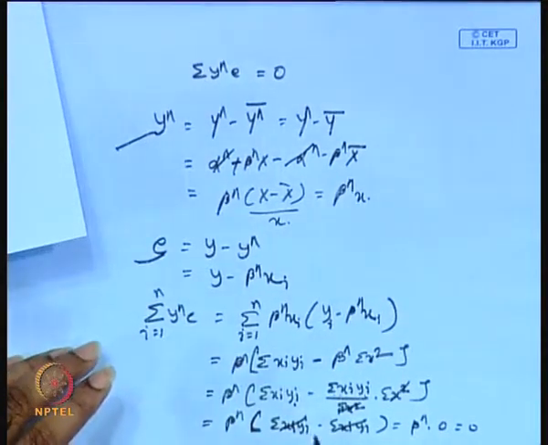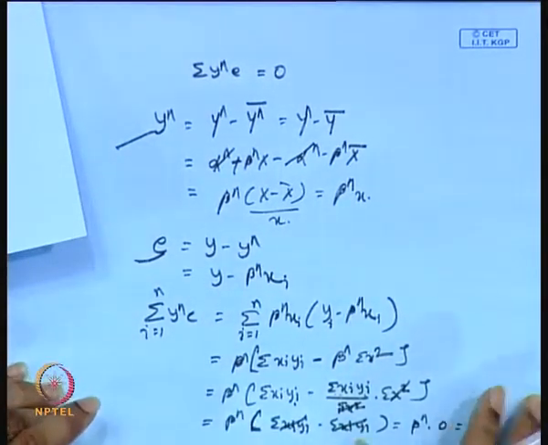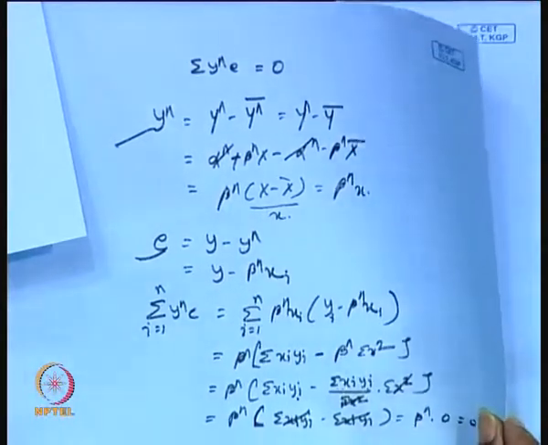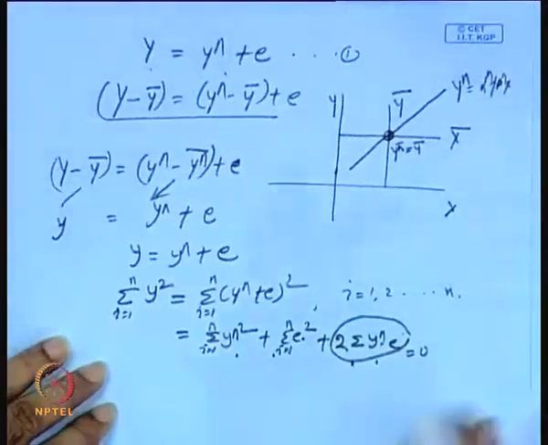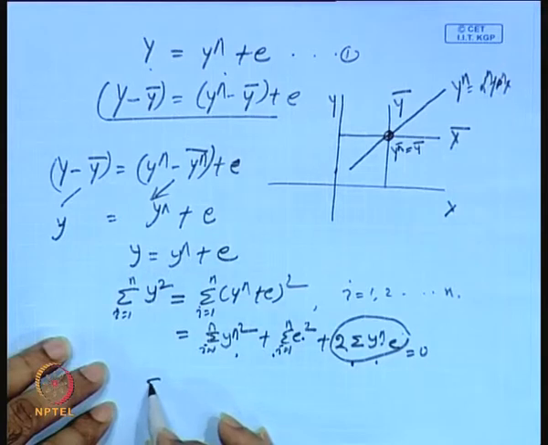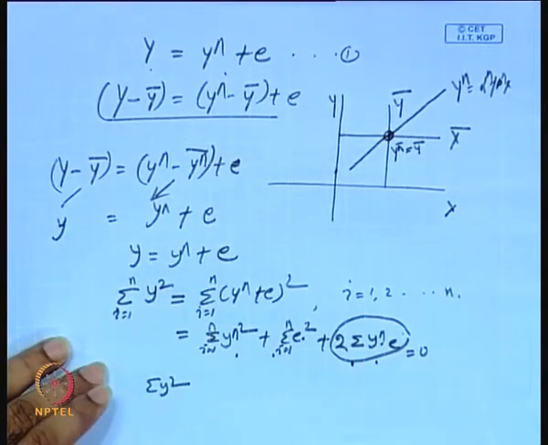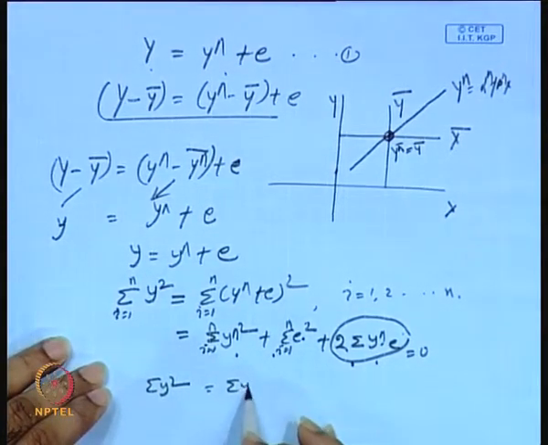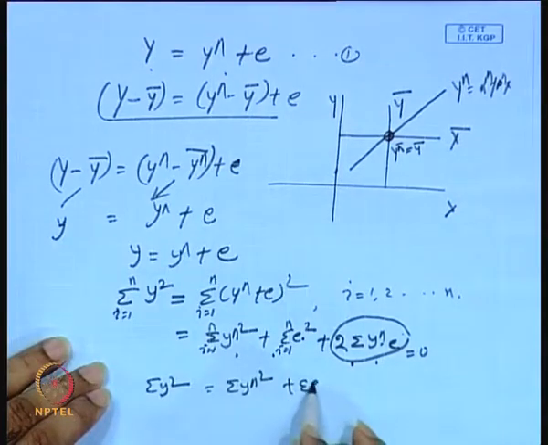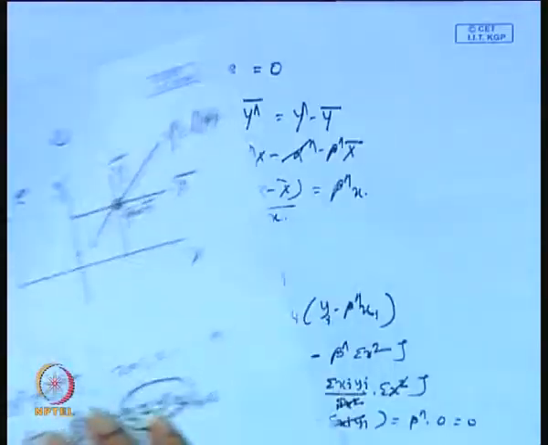So now we have proved that summation y hat e equals 0. Now you come to this stage, where summation y squared is equal to summation y hat squared plus summation e squared. So now we will start our process here.